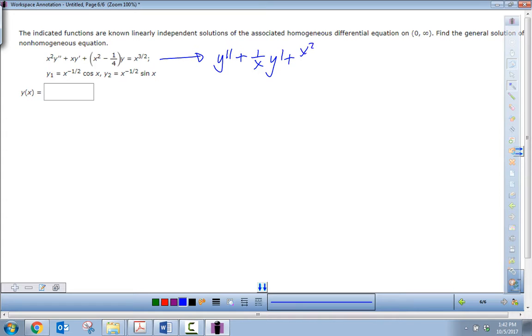So this is x squared minus 1/4 over x squared y. And more importantly, the right-hand side is going to be the function that we're going to focus on.